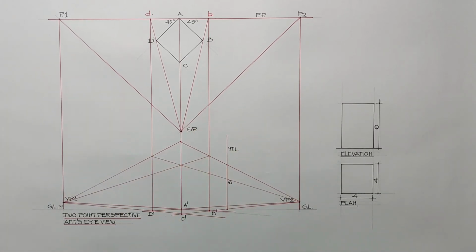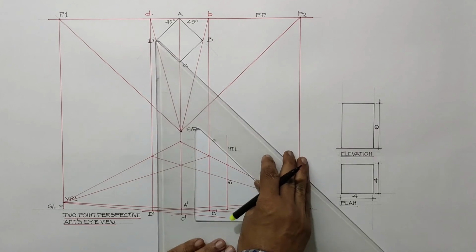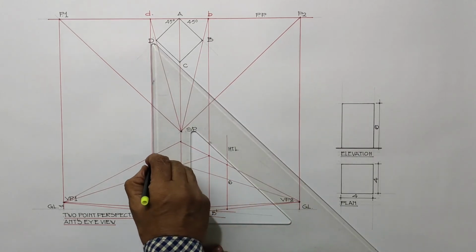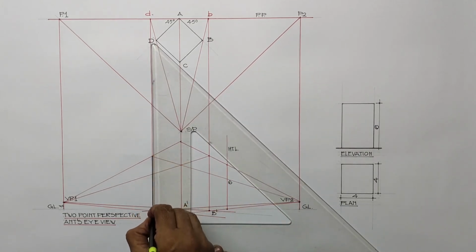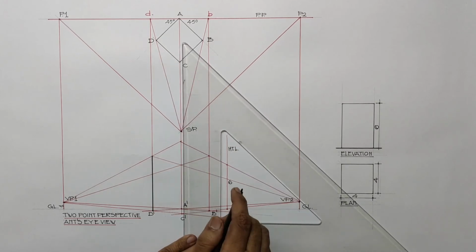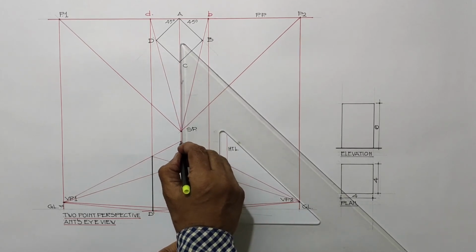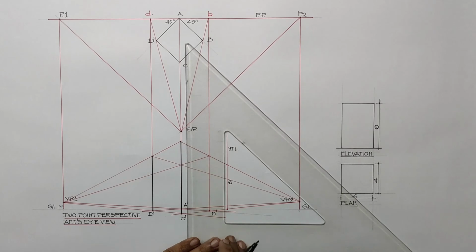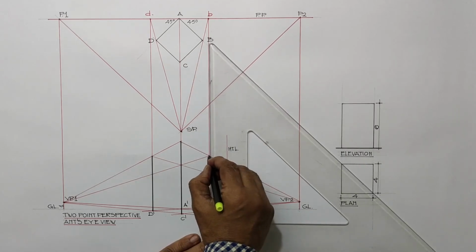Now, we have to darken the view by using a thicker pen. Draw verticals first, C now and B. So vertical lines are over.